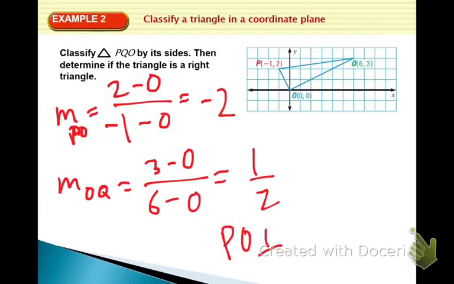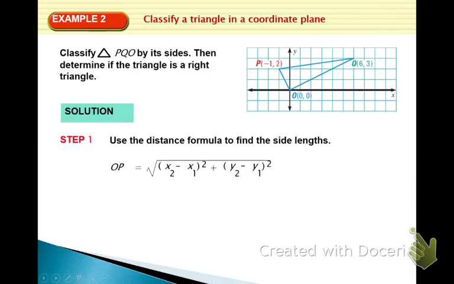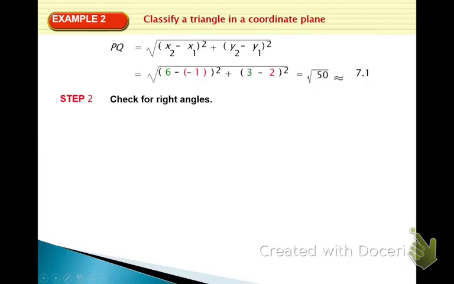PO is perpendicular to OQ. So it's right. All right, this is all the work.